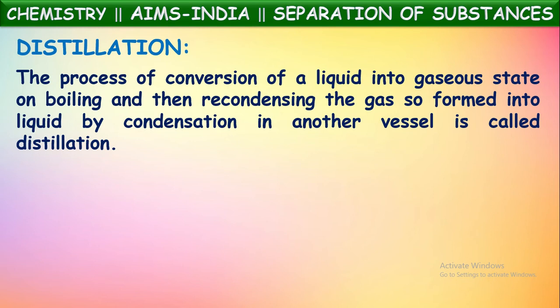The process of conversion of a liquid into gaseous state on boiling and then recondensing the gas so formed into liquid in another vessel is called distillation. So distillation is the combination of two techniques. One is evaporation and then condensation.